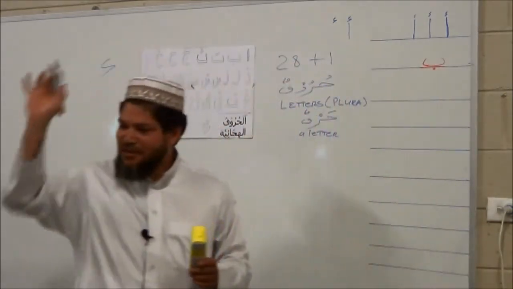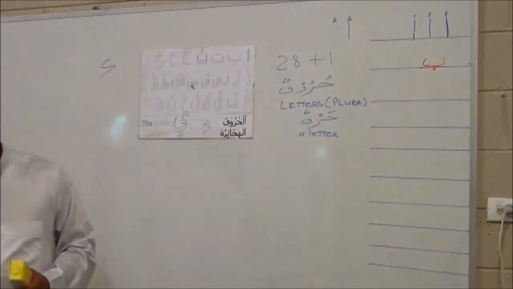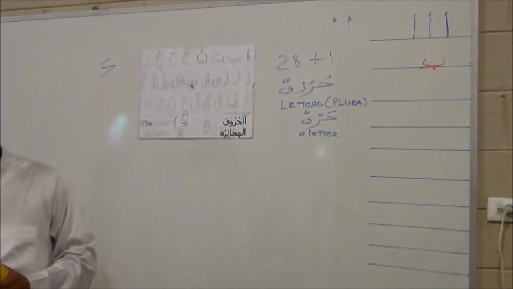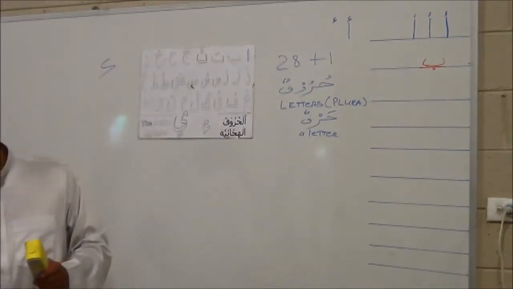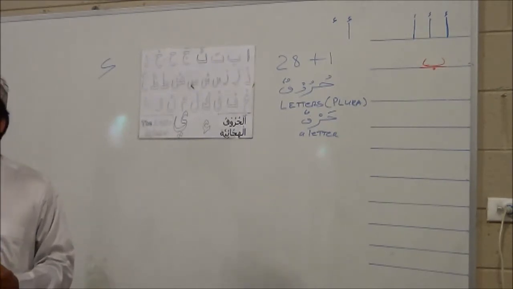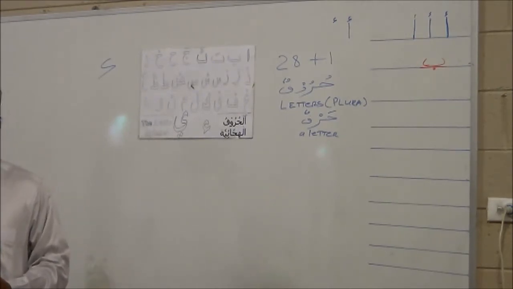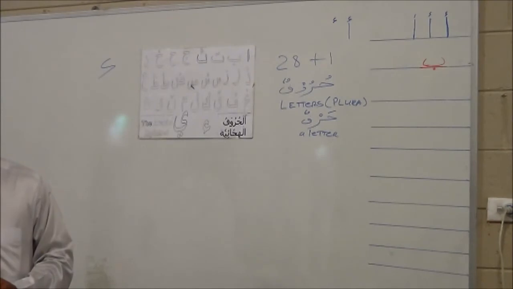Smiley face, round smiley face. Step 1, round, curve, right around to the other side, with a dot beneath it, letter Ba.